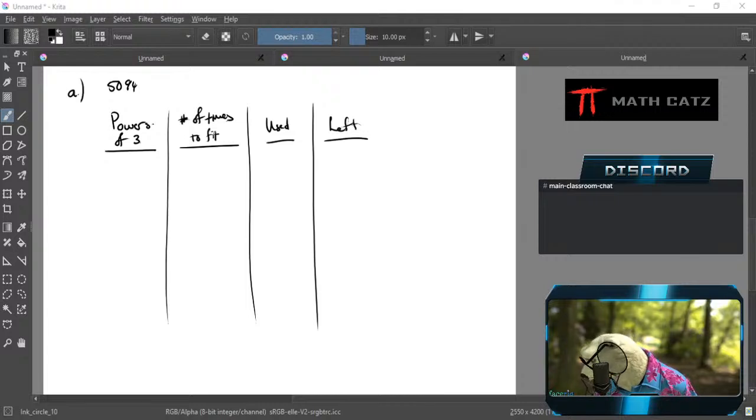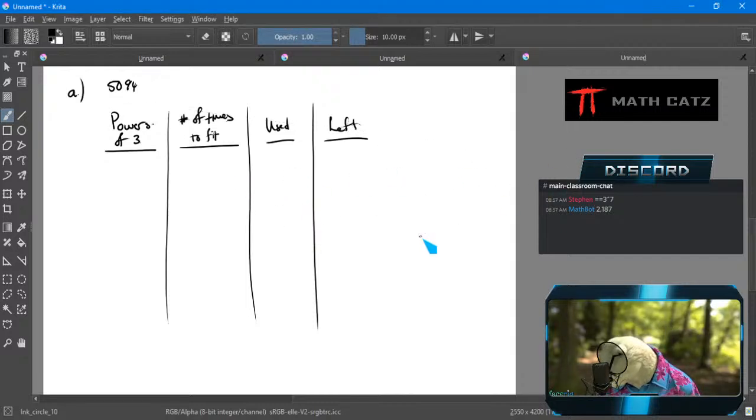Let's try 3 to the 7. So 3 to the power of 7. I'm totally guessing. Oh, wow, that's a very good guess. Maybe secretly I wasn't guessing. 3 to the power of 7 is 2187. Now, 3 to the power of 8 will be this times 3, which is obviously going to put me in the 6000s, which is too much.